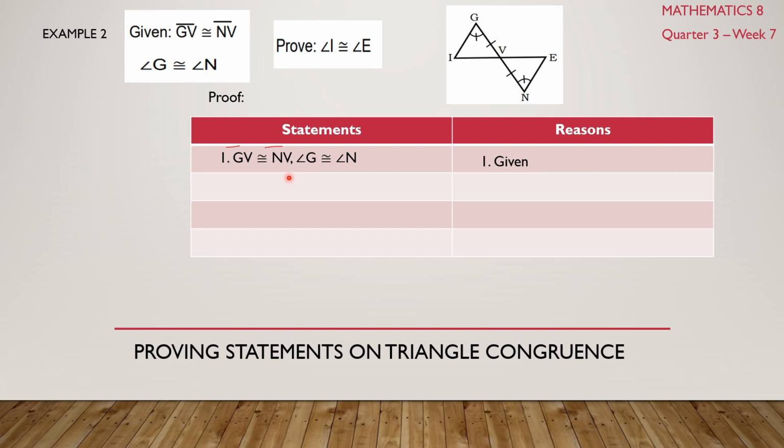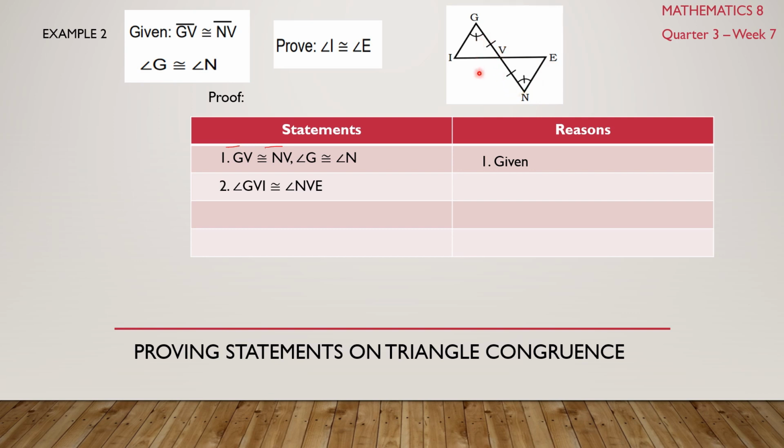Next. For the second statement, we have angle, side, and then here is the other angle. So, angle GVI is congruent to angle NVE.